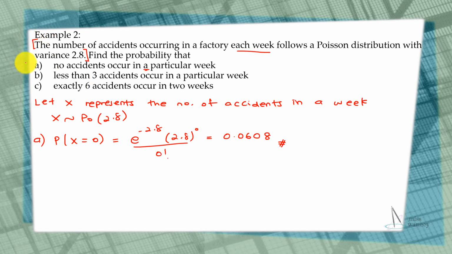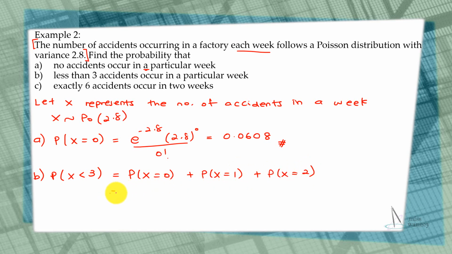Okay, so now let us go to B. The probability that less than 3 accidents occur in a particular week. So we are looking at probability for X less than 3. What we can do is add probability of X equal to 0 plus probability of X equal to 1 plus probability of X equal to 2.